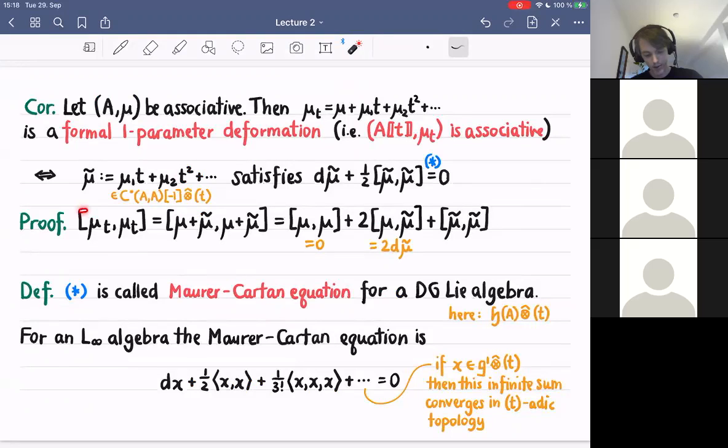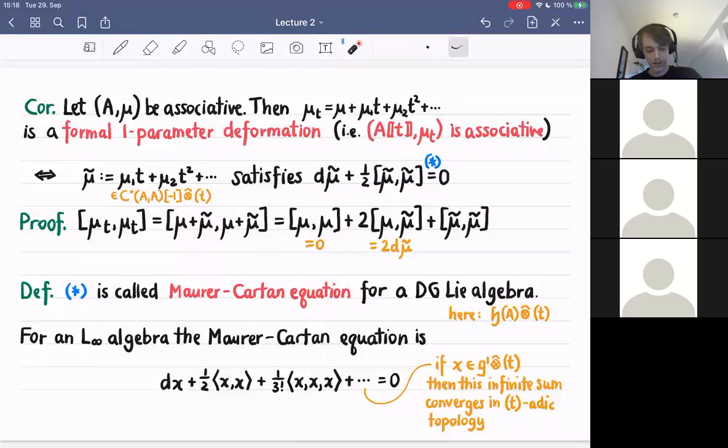So here, associative means the bracket of mu_t with itself is 0. But then you can multiply this out, and you get a term mu with mu, which is 0 because mu itself was associative. Then you have to observe that the bracket with the original mu actually defines the Hochschild differential d, and then you divide by 2 and you get this equation here.